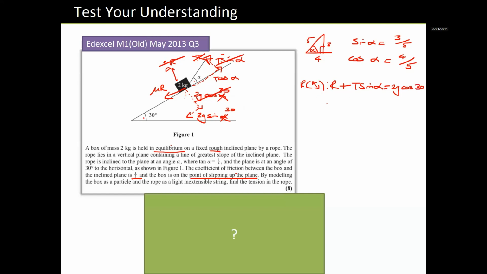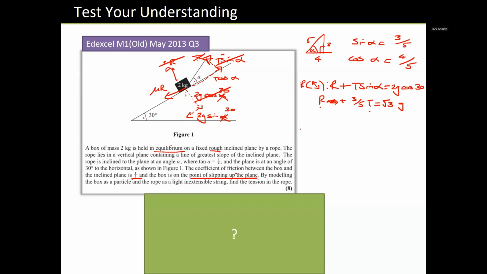And you can do some work on cleaning this one up. So R equals... sine alpha is 3/5. So that's not an equal sign, that's a plus sign. So R plus 3/5 T. Cos 30 is root 3 over 2, which cancels with the 2, so it's root 3 g. So this equation's got R and T in it.